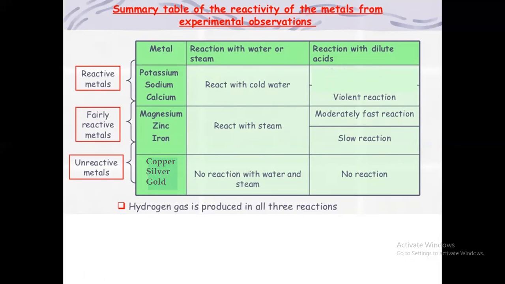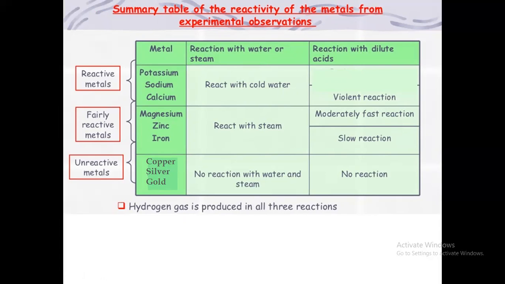Clear? And if you see the comparison of reaction of metals with water or steam and acids, then you will notice through this table that potassium, sodium and calcium, which are highly reactive metals, react even with cold water, right?